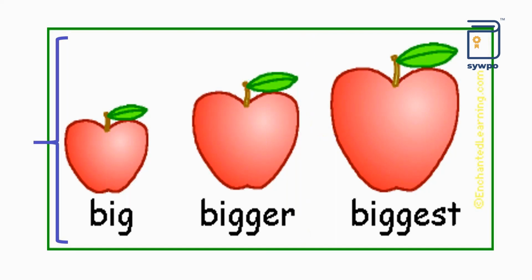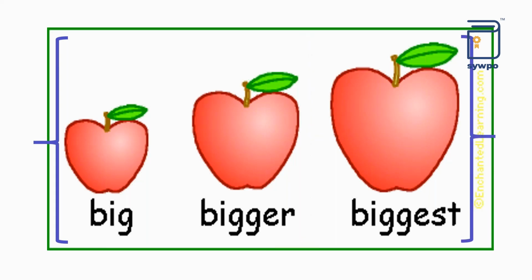But if I show you the difference between 3 items, then I need the superlatives. Or if I show you the difference between more than 3 items, I need the superlative. So superlative is used with more than 3 items or more than 3 objects, but comparative is used with only one other item, meaning only two items or two objects. Okay.